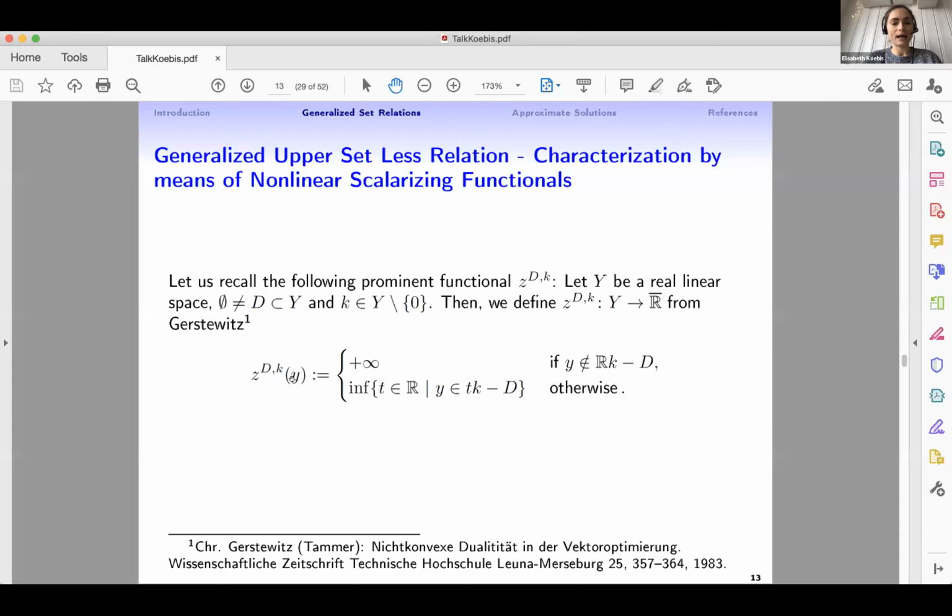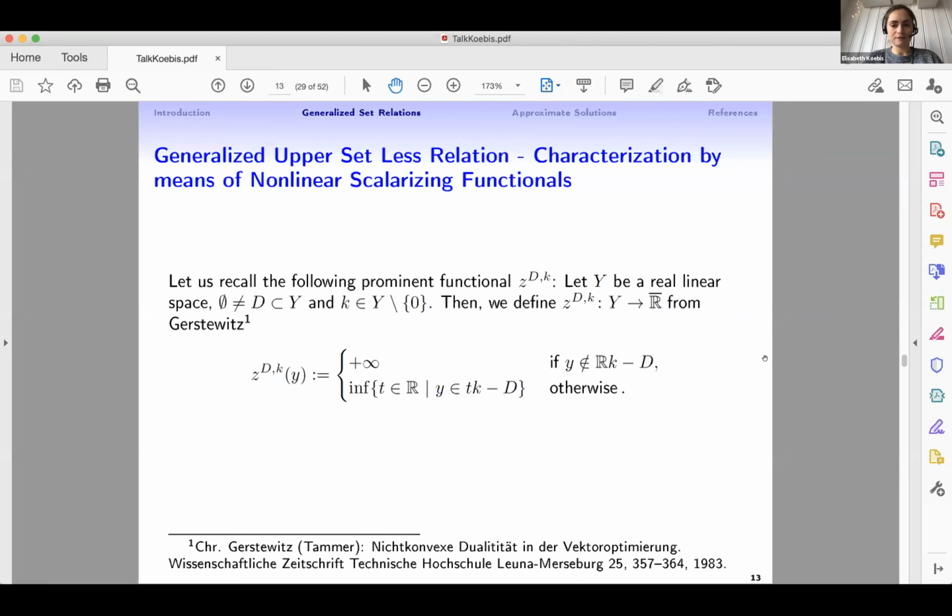It depends on Y, and it assigns the smallest possible value T in R such that Y is an element of TK minus D.